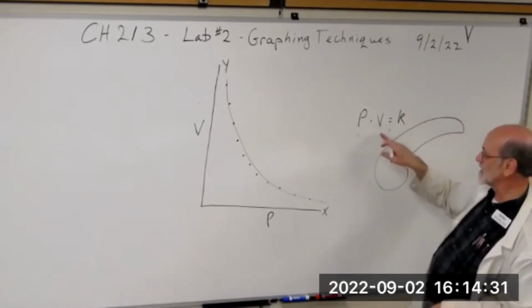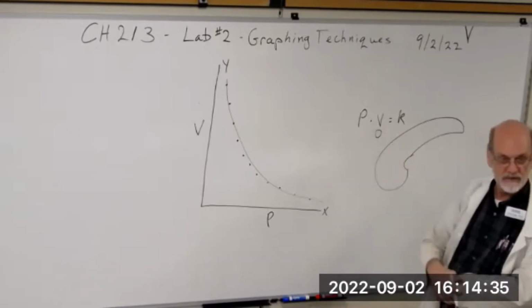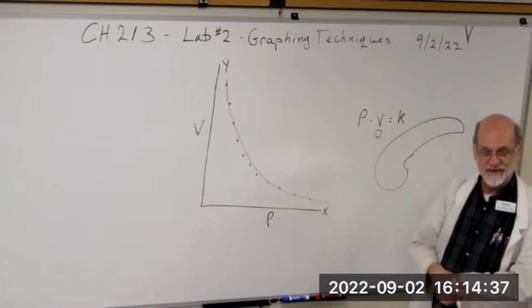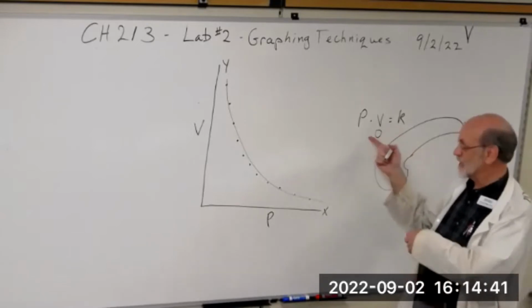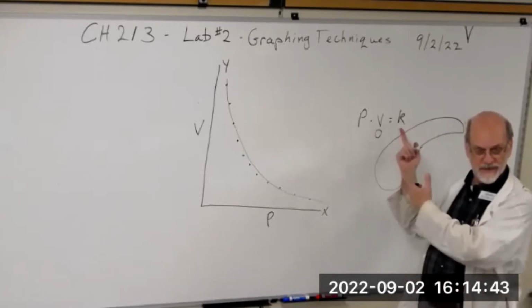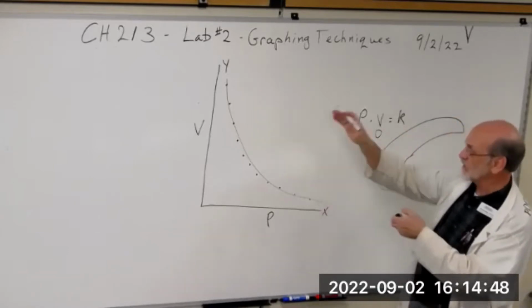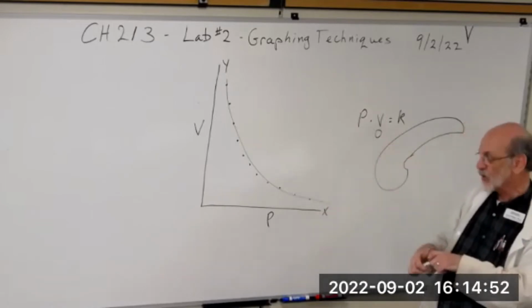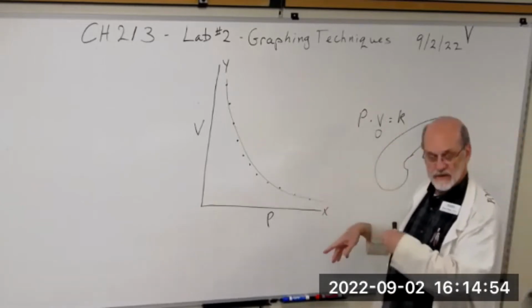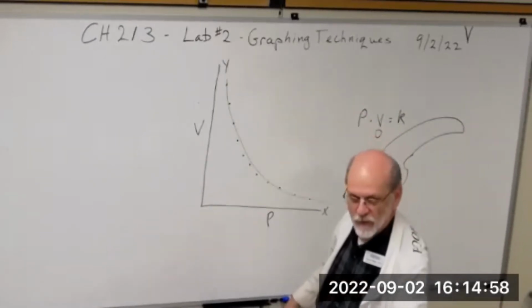No matter how big this is, if it touched the x-axis, that means this one is 0, right? And it could never equal that constant because 0 times that is 0. And the constant has a real value, right? Same for the other. If it goes the other direction and touches that, then p becomes 0. Right? So that means that this curve will never, ever touch the axes, no matter how far it goes.